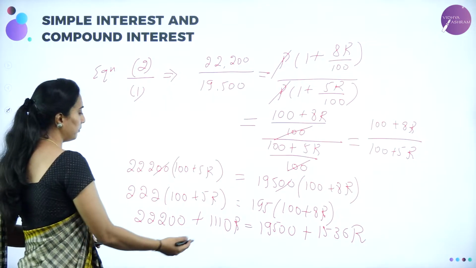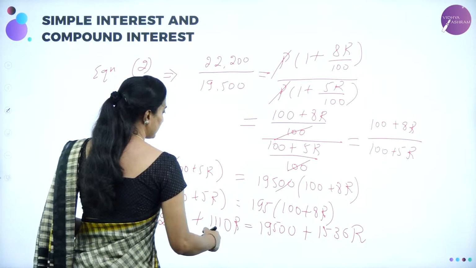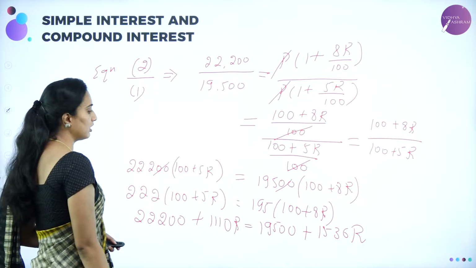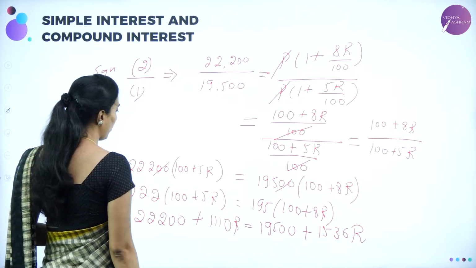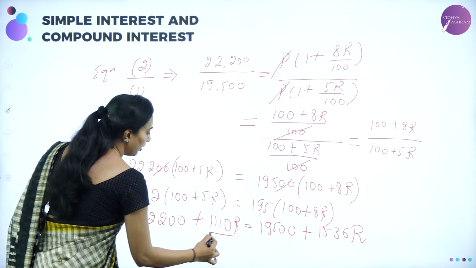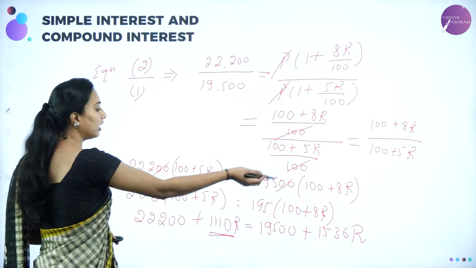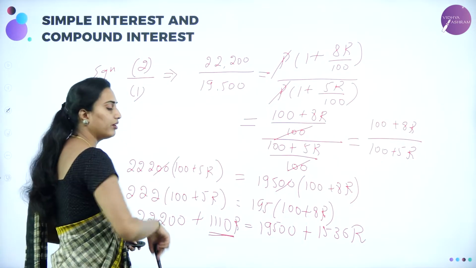Take all the terms to the left hand side, or rather take 1110R to the right hand side and 19,500 to the left hand side.